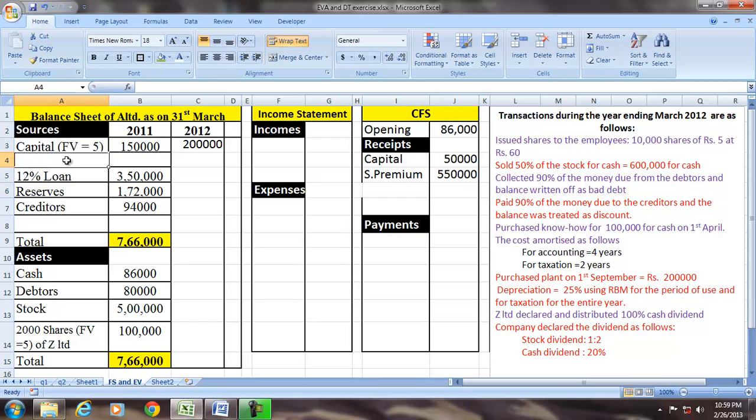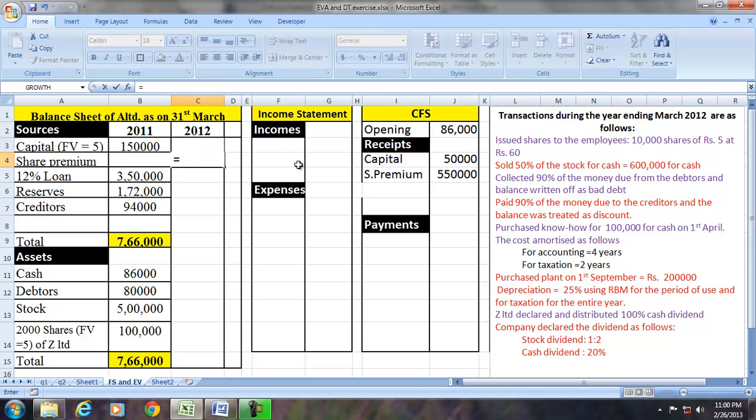The share premium will appear on the balance sheet on the sources side. So the cash has gone up by 6 lakh, capital has gone up by 50,000, and share premium has gone up by 550,000.